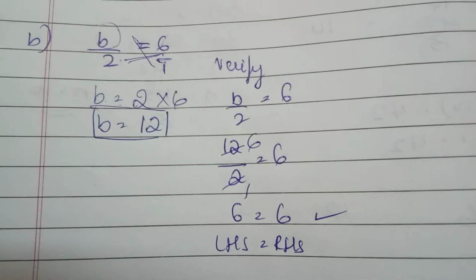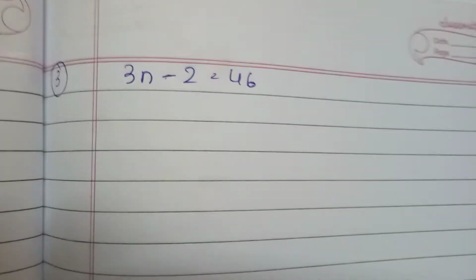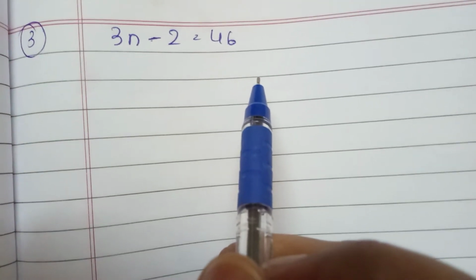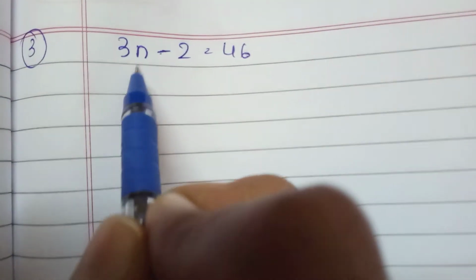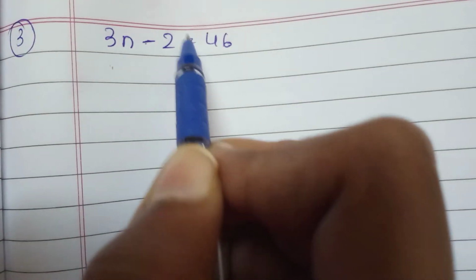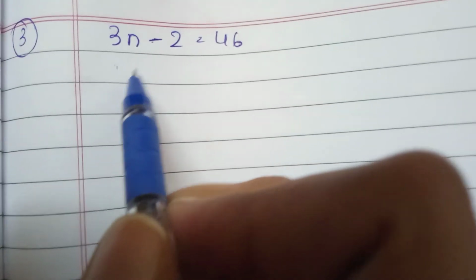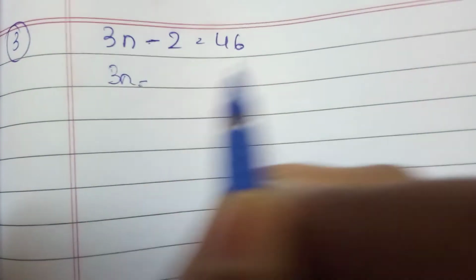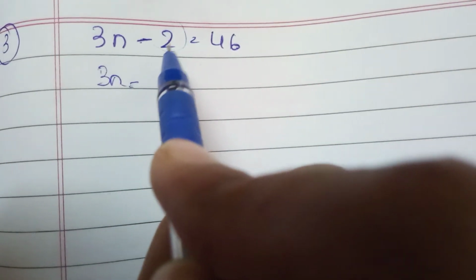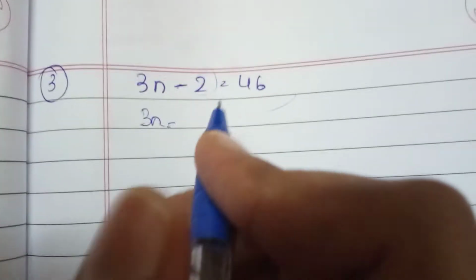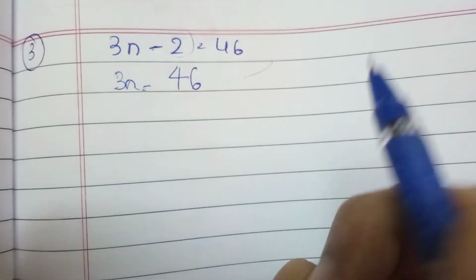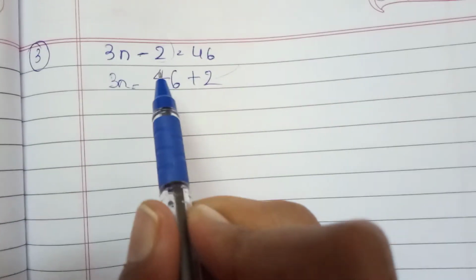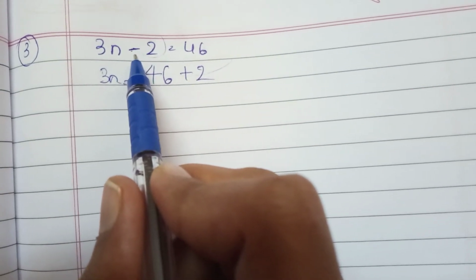So let's solve the third question now. The third question is also same. You need to separate the variable from the equation and solve the equation. So now there is one more number without variable. So 3n will be as it is, equal to, first let's take this minus 2 to the right side. 46, it is minus 2.